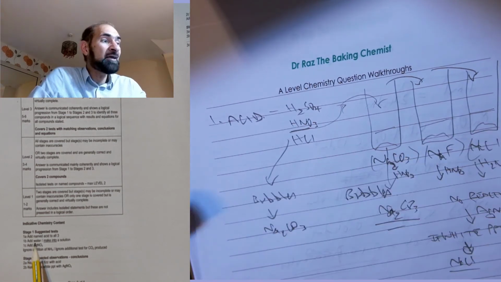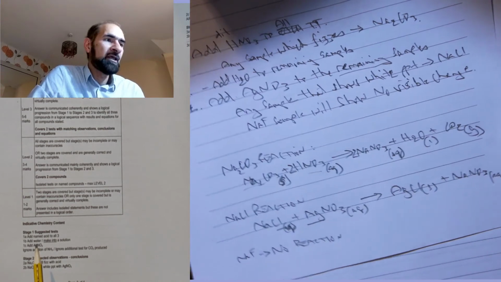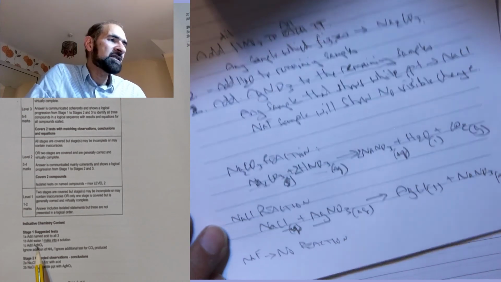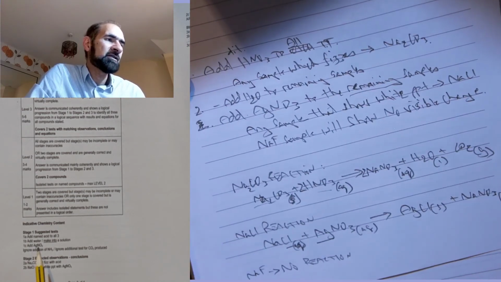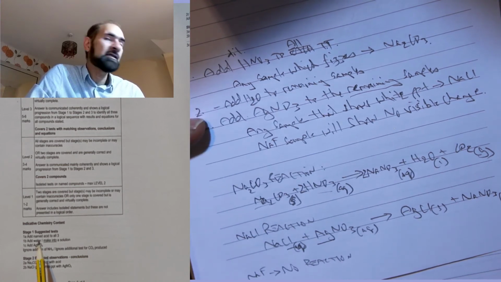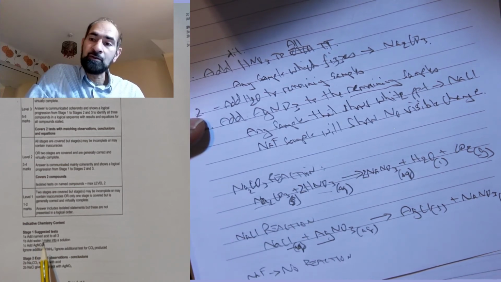That's why they wanted you to tell them that you're making them into solutions. Then of course, still part of stage 1, add silver nitrate. So all of this is your stage 1, the chemistry. You're adding things.